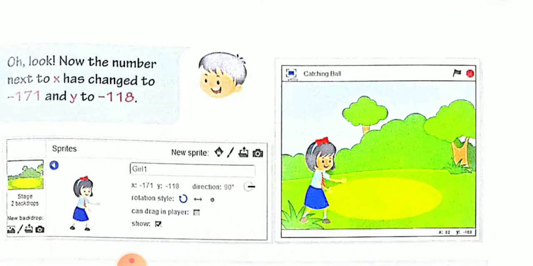You can easily see, oh look, now the number next to X has changed to minus 171 and Y to minus 188. Why is this possible? Because here we change the position of the sprite. So that's the reason our X and Y axis numbers will change.